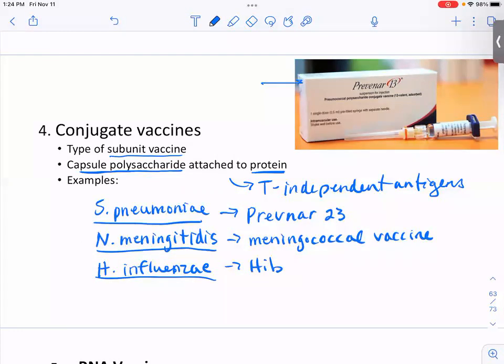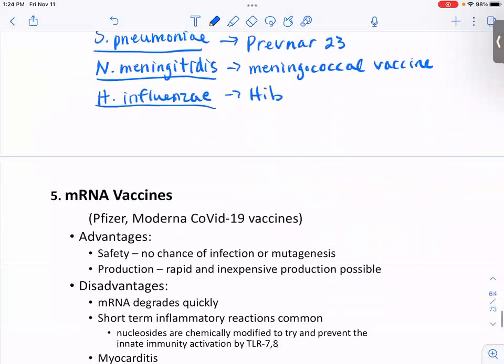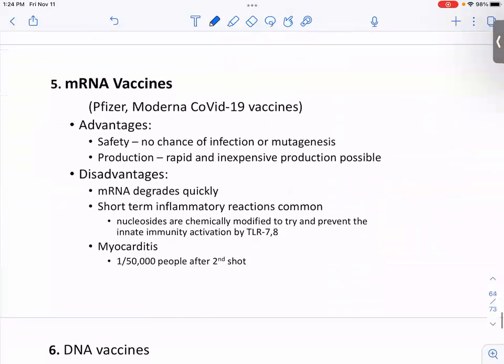Okay. And then I would be remiss if we didn't talk about some mRNA vaccines. Of course, the Pfizer and the Moderna COVID-19 vaccines. This is technology that this company, Moderna, modifies RNA. That company's been around a while. The technology has been in the works for 30 years or so.